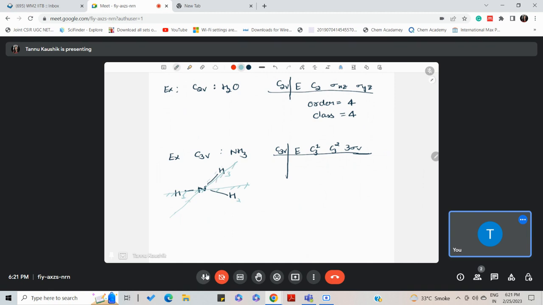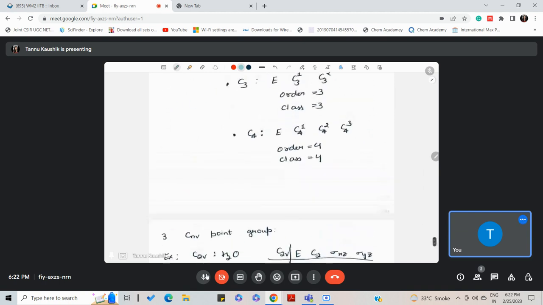Okay, so these 3 sigma V planes have a similar effect, so they are in the same class. And C31 and C32 we know have the same effect, so they will also be in the same class.